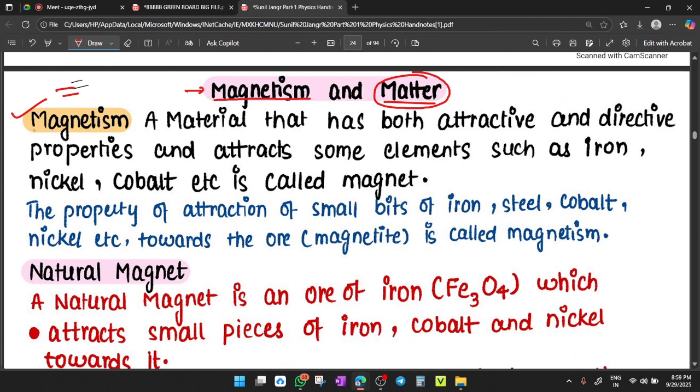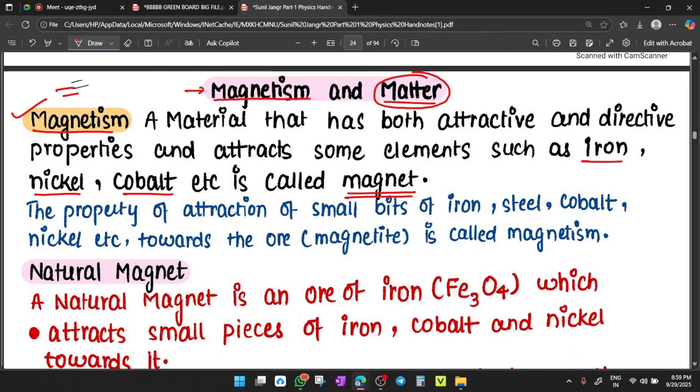First talk about magnetism. A material that has both attractive and directive properties and attracts some elements such as iron, nickel, cobalt, etc. is called a magnet. This is the first definition of a magnet.